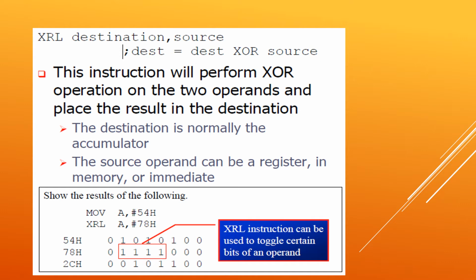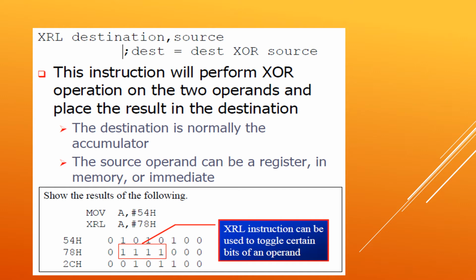Here you can see MOV A, #54H, XRL A, #78H. The operation goes from LSB to MSB. According to the XOR gate, if there is any difference between two bits, then only the output is 1. If both of them are the same, then the output is 0.